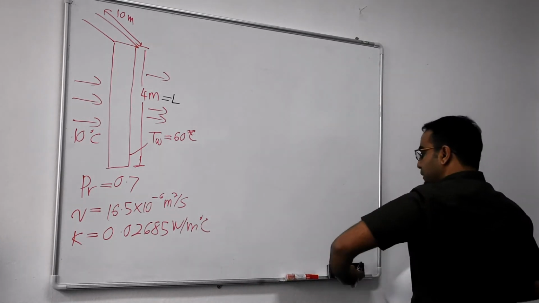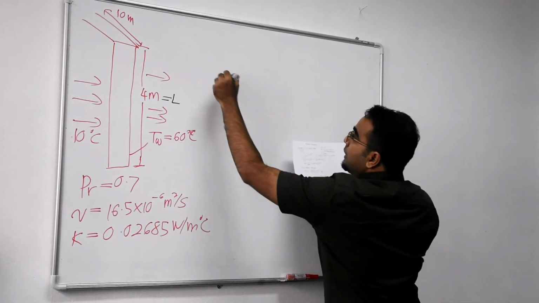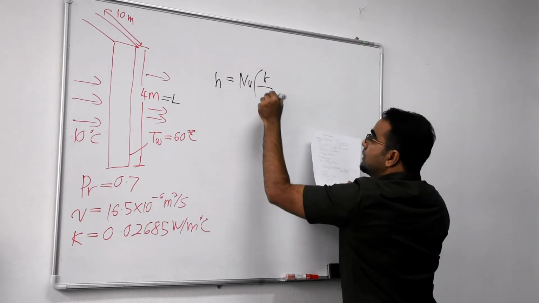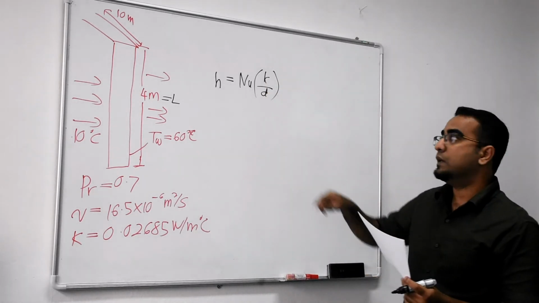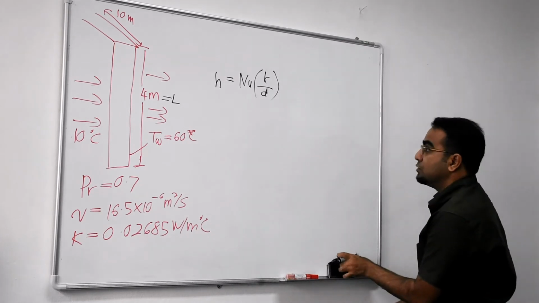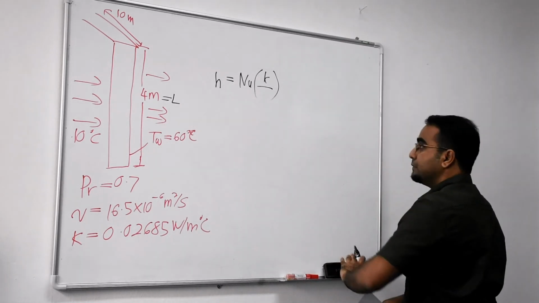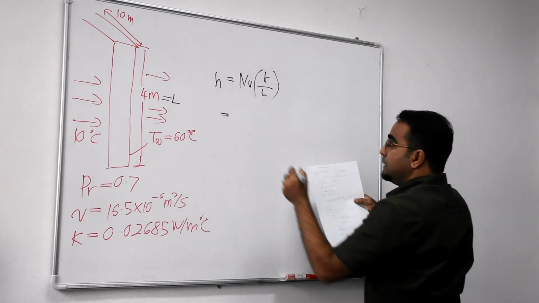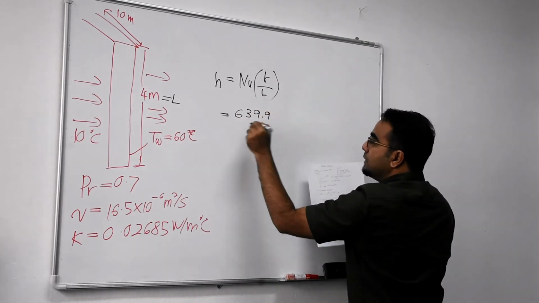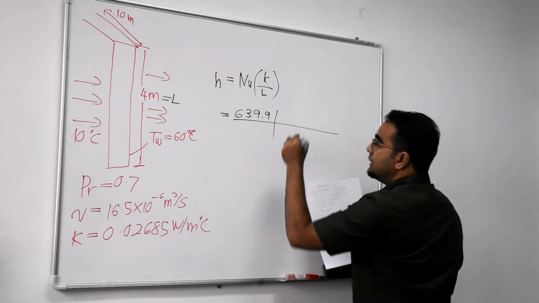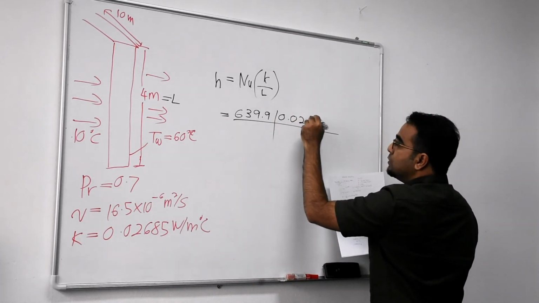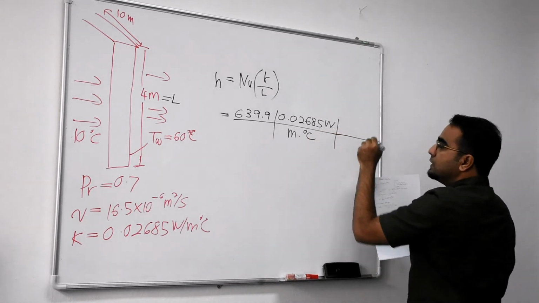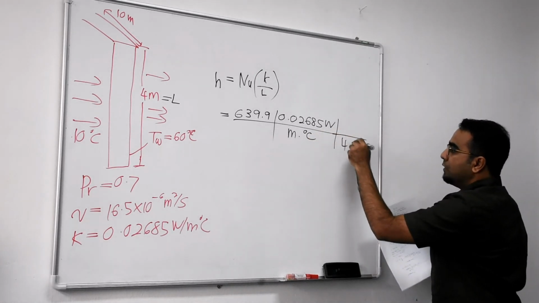Similarly, using our Nusselt number equation, h is equal to Nu times k over D, or k over L. Remember that D or L is our characteristic length, so I can also write here k over L. The value of Nusselt number is 639.9 times the value of k, 0.02685 watt per meter degree Celsius, over the characteristic length, which is 4 meter.